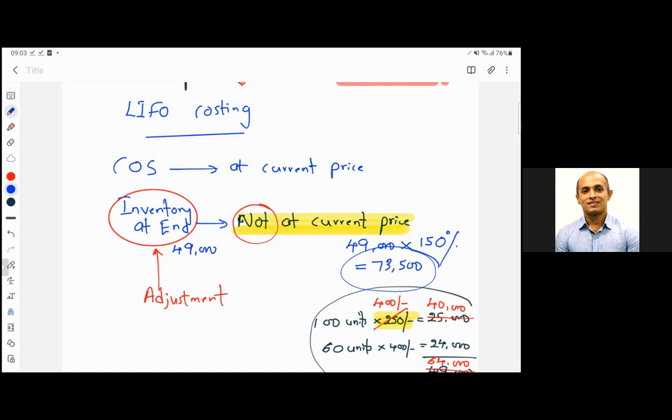So you can apply your judgment based on experience. By taking industry data, you can calculate what percentage price level change there is from last year to the current year. Based on that percentage, you can calculate the current cost of inventory.